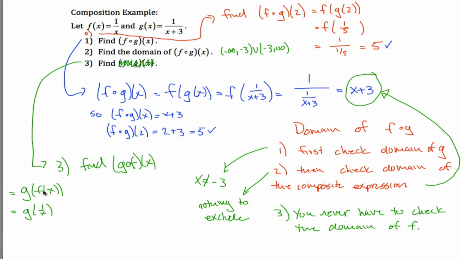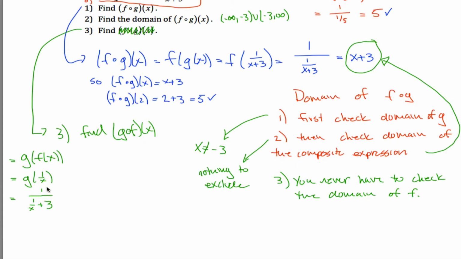is, we'll work from the inside out. F of x is just 1 over x. So it's g of 1 over x, which takes this g of x function, and everywhere you see the x written, replace it with 1 over x. You get here. This thing right here is not the same as this thing right here, or this here. I can prove that to you by simplifying.